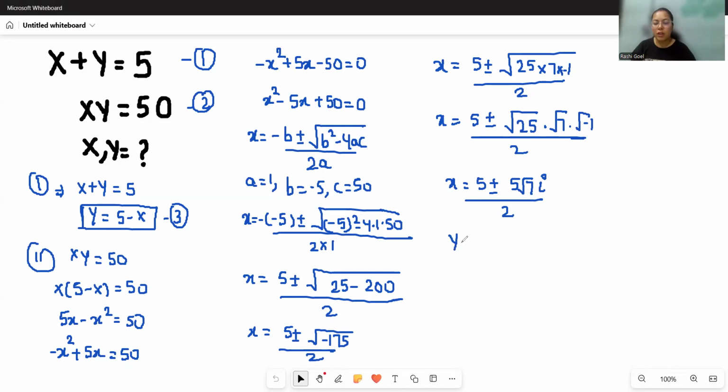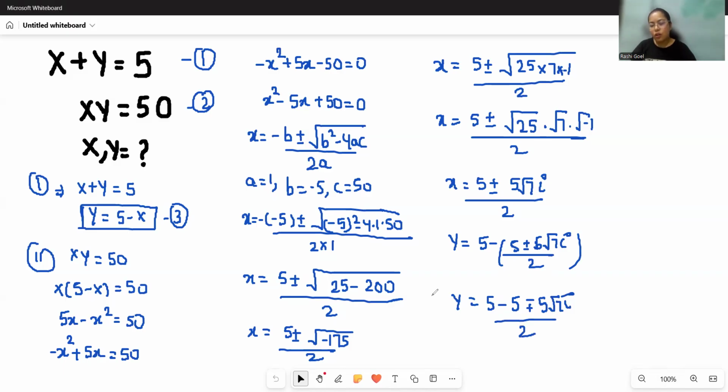Now we have to calculate the value of y. So it's 5 minus (5 plus or minus 5 root 7 iota by 2). So y equals 5 minus 5 minus or plus 5 root 7 iota by 2. So let's write the values of x and y.